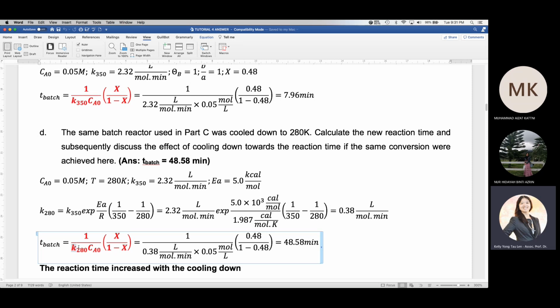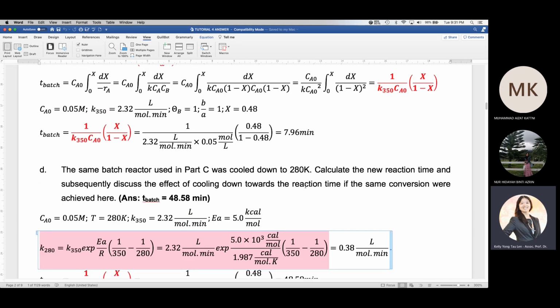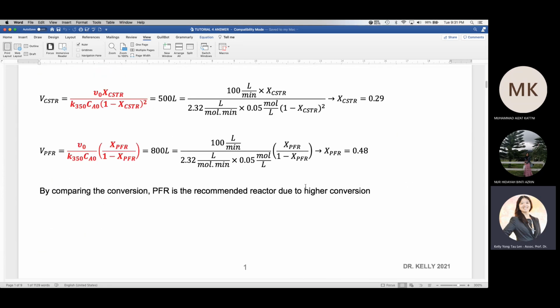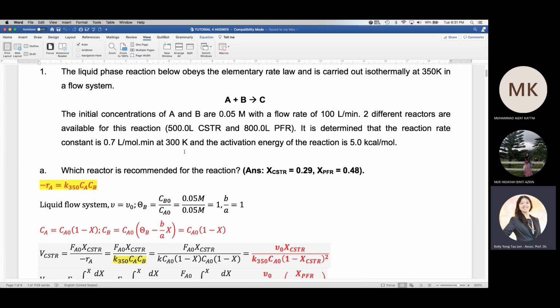Okay, so now my new temperature is 280. I need to find the K at 280. So means kita kena cari dulu K pada 280. Nak cari K pada 280, kamu ada dua kombinasi yang kamu boleh guna. Sebab kalau kamu ingat dalam soalan yang paling awal asal, dia beri kita K at 300.